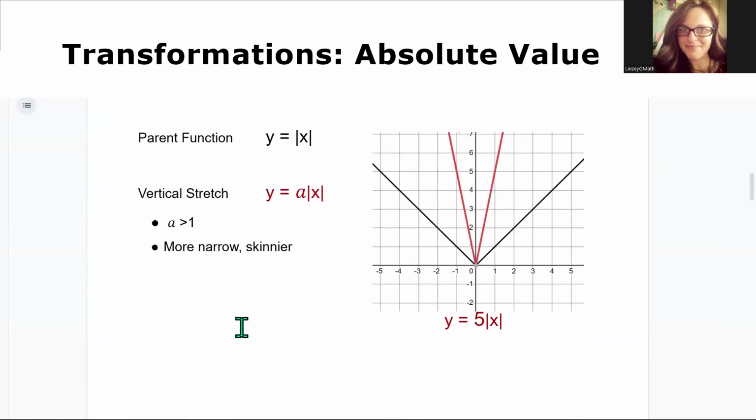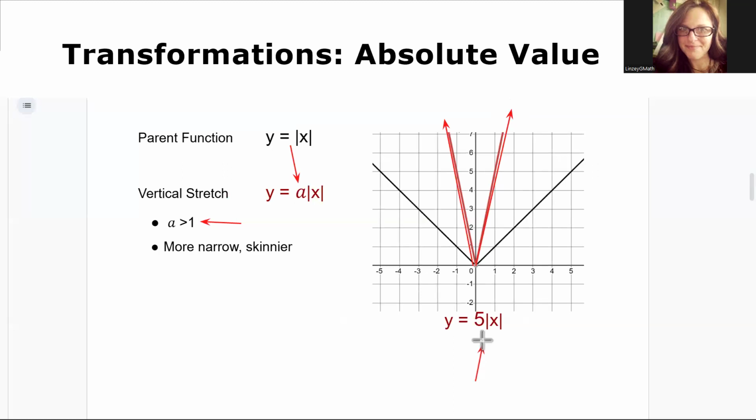Next, we have a vertical stretch. When there is a number a multiplied to the outside of the absolute value symbol, and a is greater than 1, we have a vertical stretch. It makes the graph more narrow or skinnier.